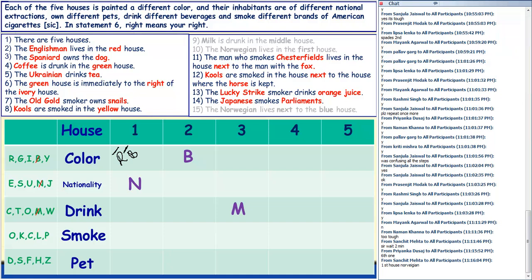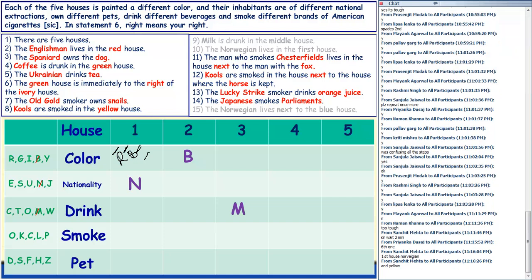Okay, we already know. It cannot be green as well as ivory. Why? Because the greenhouse is immediately to the right of ivory. So I and G, whenever they come, will come together. So on the first house, I and G also cannot come. So there is only one possibility for the color of the first house, which is yellow.